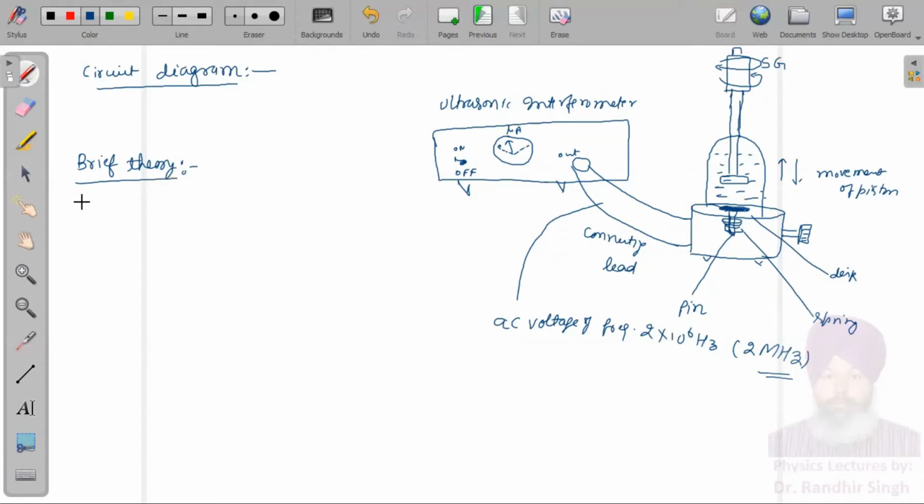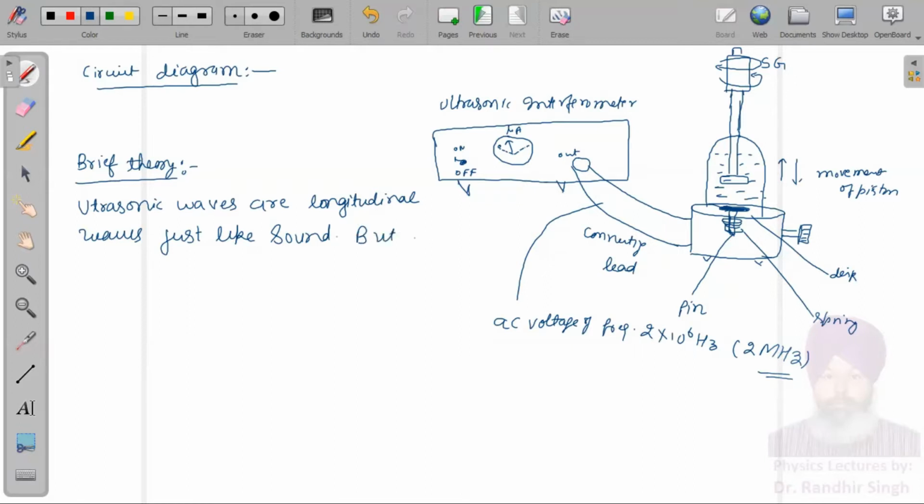So we know that ultrasonic waves are longitudinal waves just like sound, but their frequency is more than audible range.